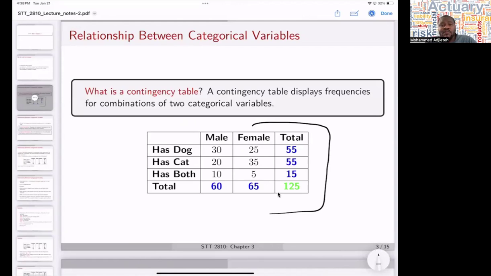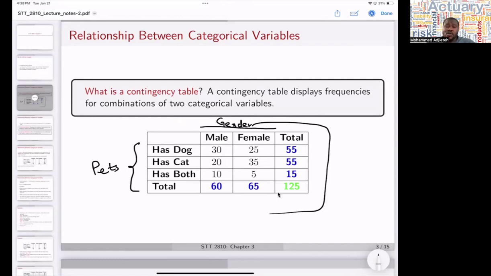The categorical variables here are two. The first is gender, male and female, and then this is for pets. The table displaying the frequencies of these two categorical variables is what we call a contingency table.